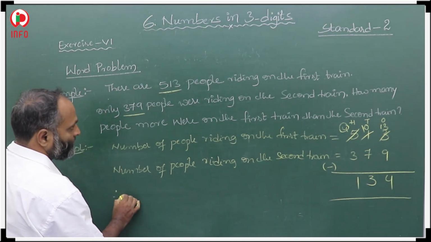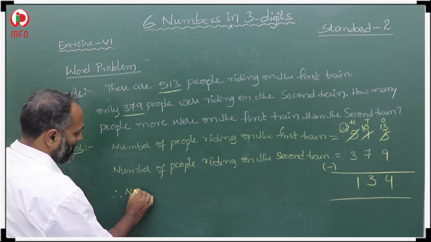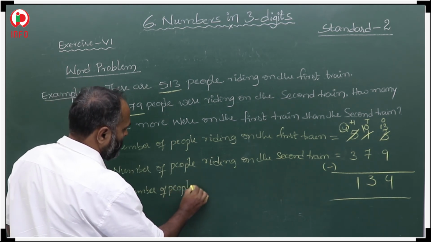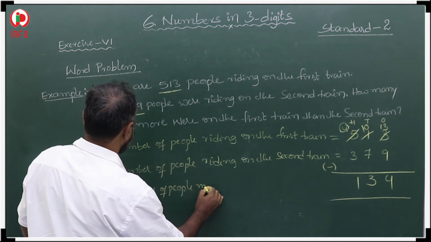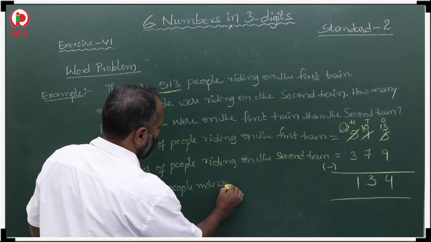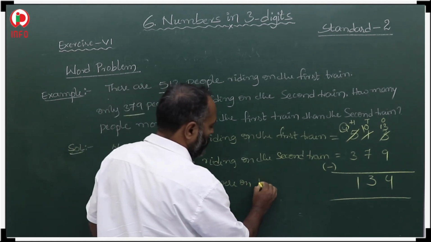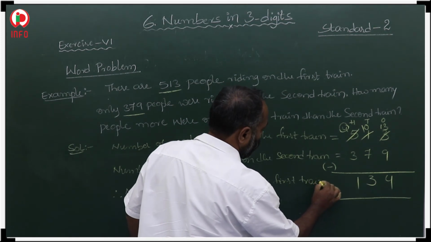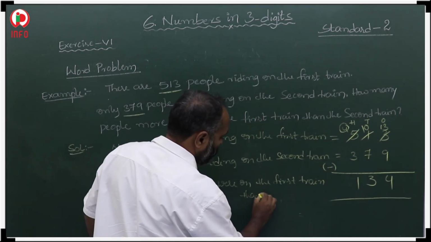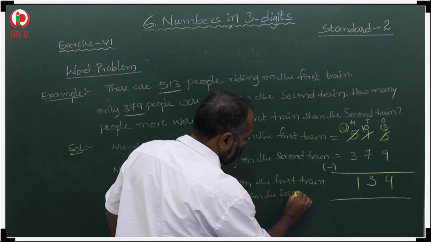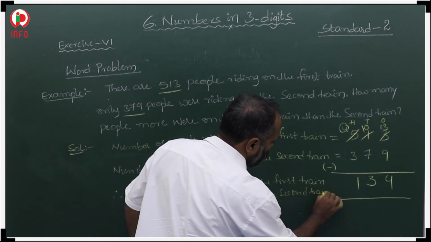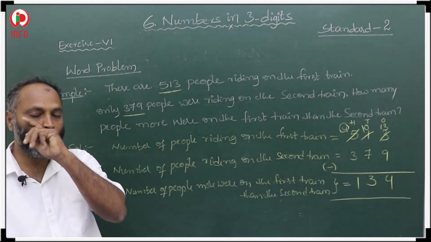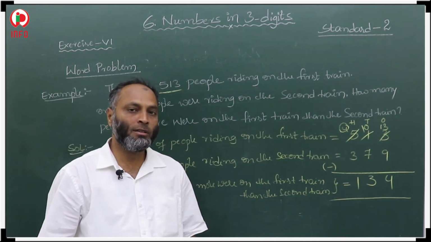Therefore, the number of people more on the first train than the second train is equal to 134. This many members more in the first train. Okay, students? Okay.